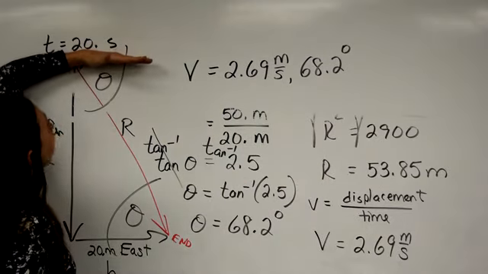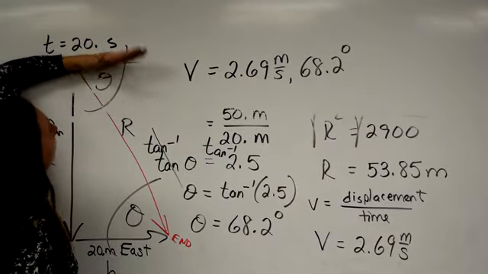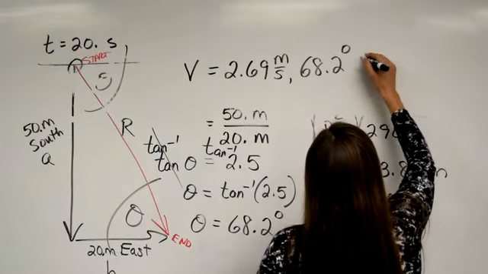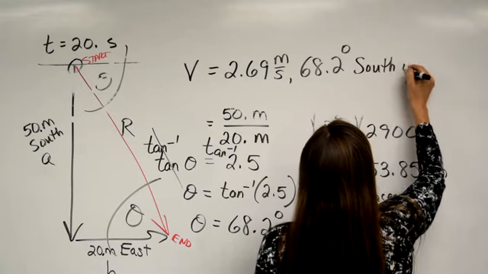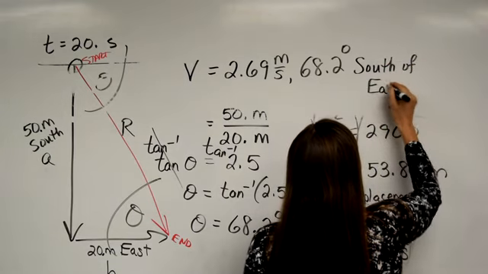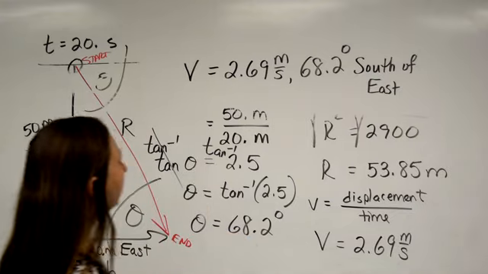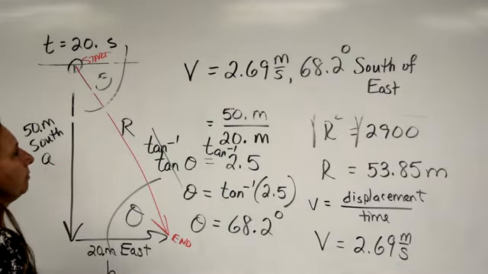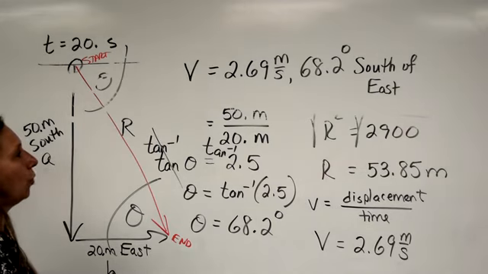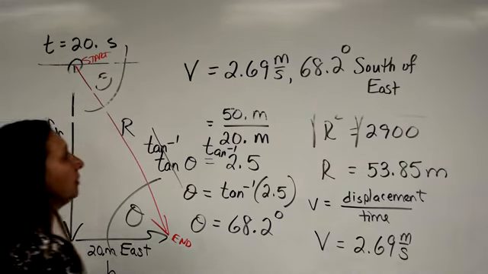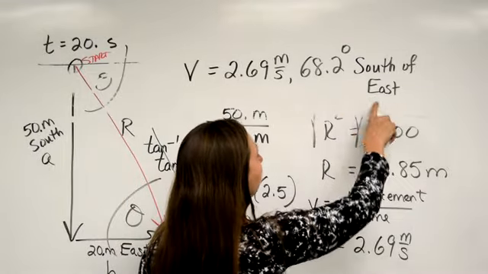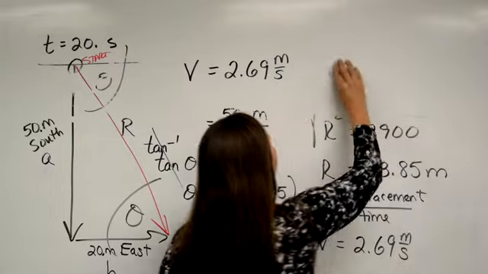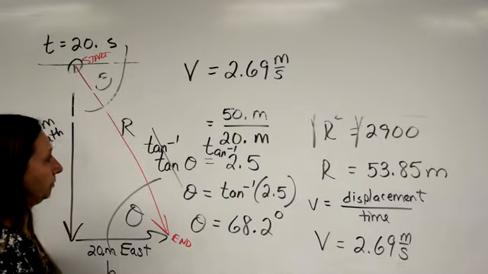Guys, not east, but south of east. 68.2 degrees south of east. That's our magnitude and direction of our velocity. Now, if they only asked for the magnitude of the velocity, then you would not have to report the direction. There's your magnitude.